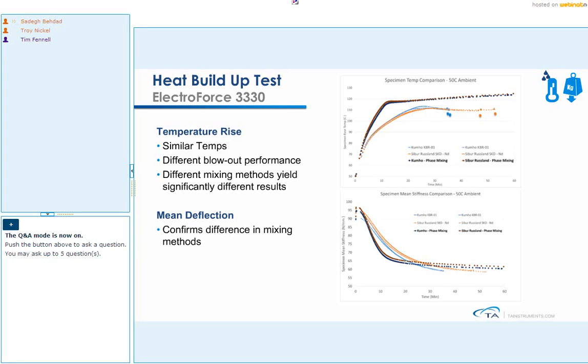That is why when you are exerting that strain, you get more energy trapped inside your sample, so you get a higher temperature rise. But since it is stronger, the remaining mean stiffness after the duration of the test is going to be higher compared to your traditional mixing methods.